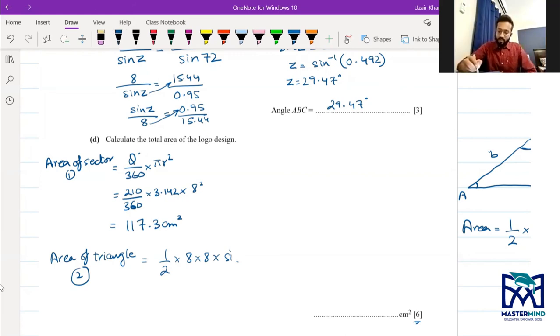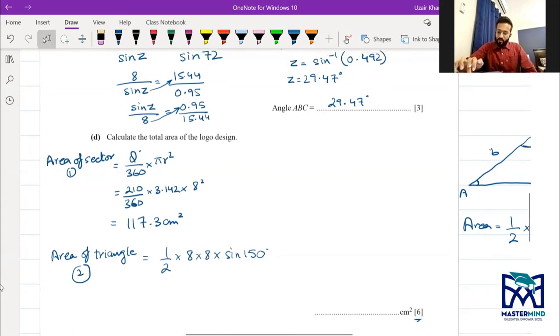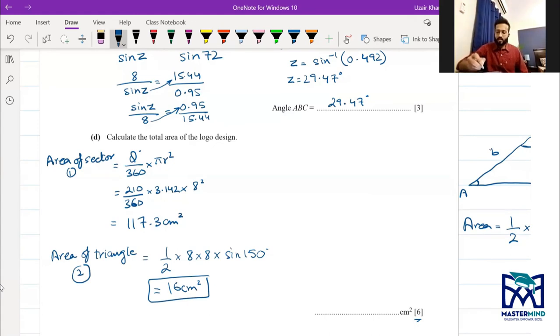So in order to calculate this, it's giving me 16 centimeters squared. Now that's done for triangle 2.